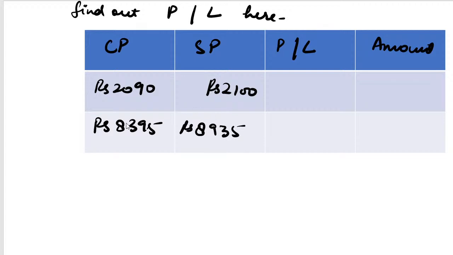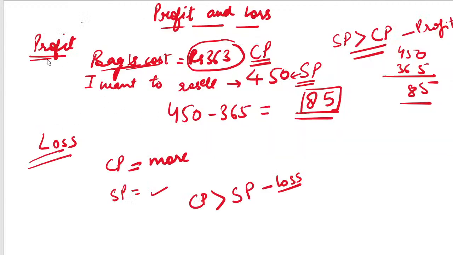So look, I told you in the previous slide, if we have a profit, that means your selling price is more than your cost price. And if your cost price is more than the selling price, then there is a loss.